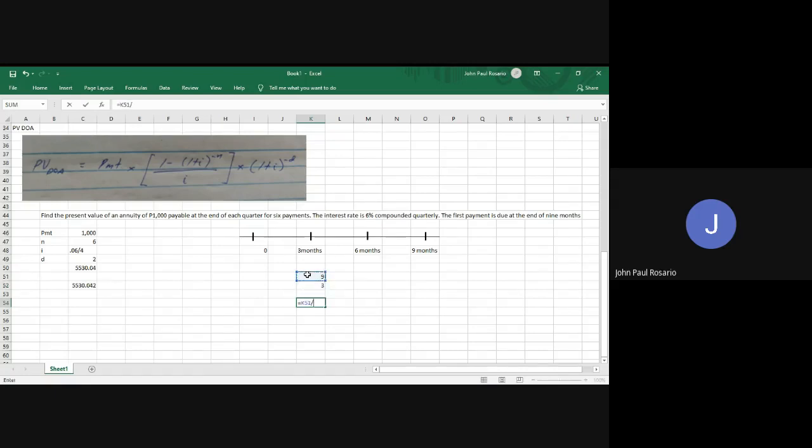That's 9 divided by 3. We have 3 quarters. Right? Yes, sir. And you simply deduct 1 quarter from your result. Since it is an ordinary annuity paid at 9 months, the start is at the beginning of the 7th month or at the end of the 6th month. So the period of deferment is only 2 periods.